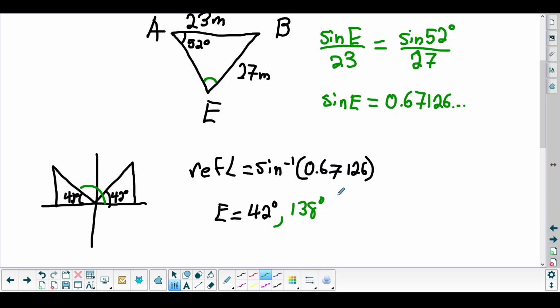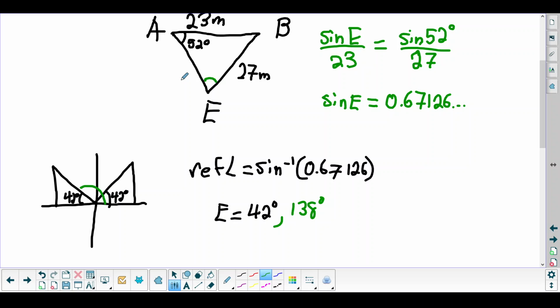Okay. So we have two possible angles, but look at 138 degrees. Would that work in our triangle? The way to check is to see if I had a 138 degree angle here, would I be able to find the remaining angle? And we could try that. The remaining angle would be 180 minus 52 minus that 138 we just found, which is negative 10 degrees.